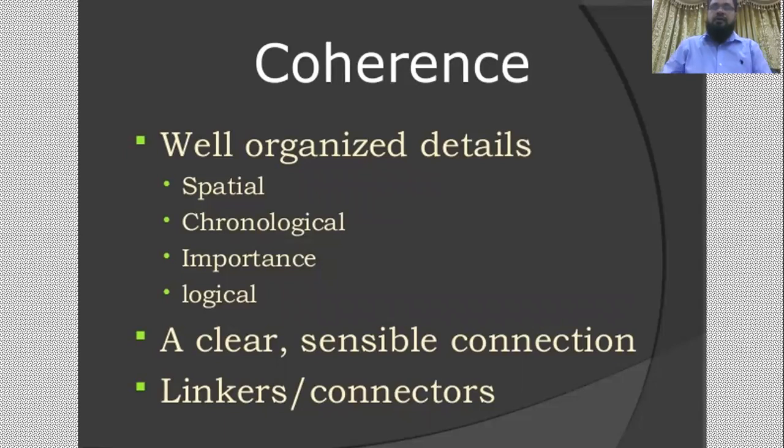So you should follow the word limit, the space limit. Chronological, it should be sequential, sequence one by one, like one sentence and the other is in support of it. That is the coherence.